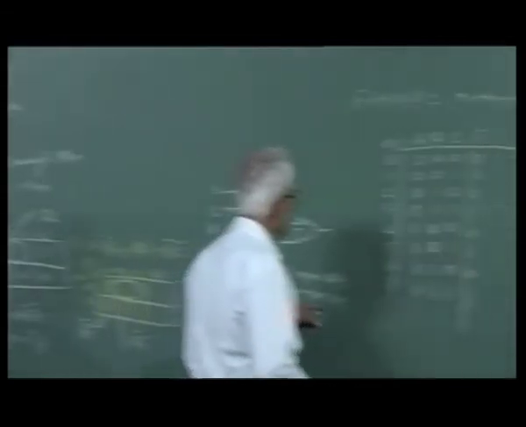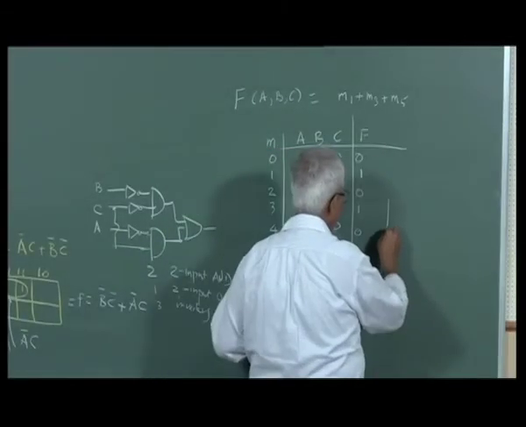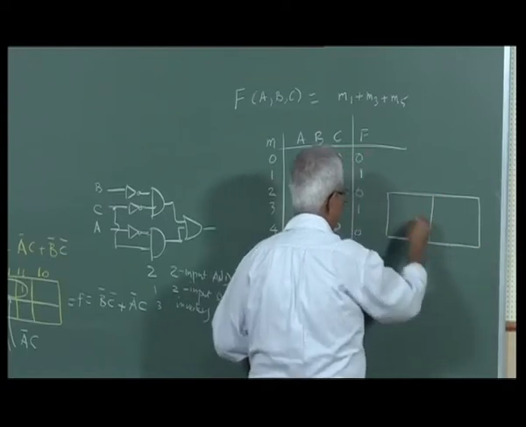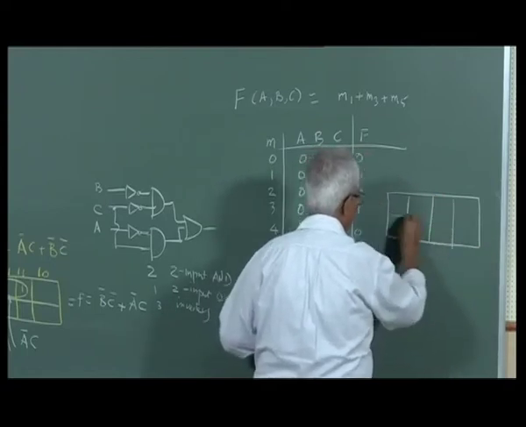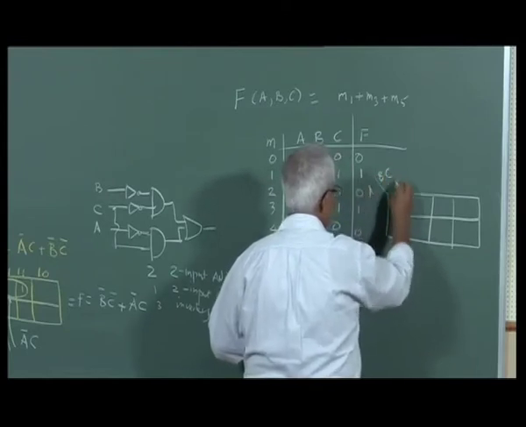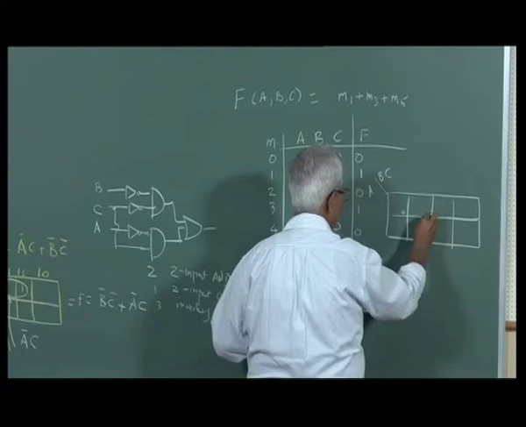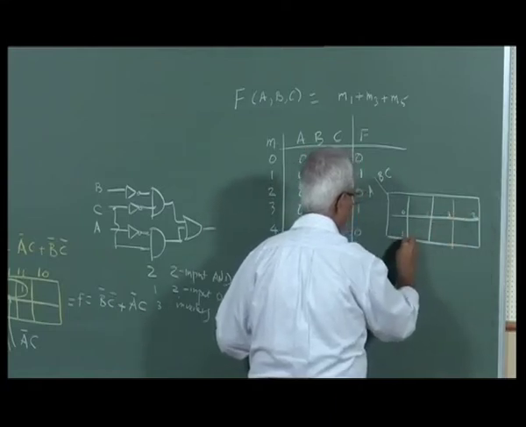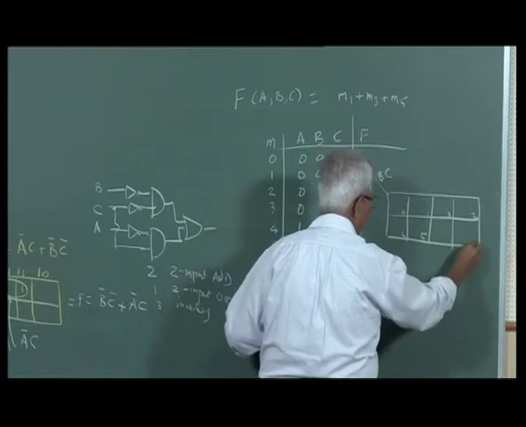Now, if that is the case, how do I map it? I map it like this. This is 0, 1, 2, 3, 4, 5, 6, 7.